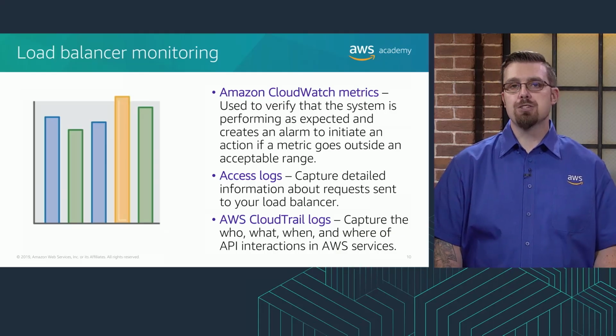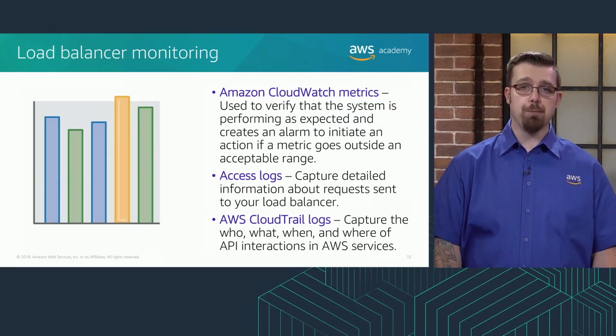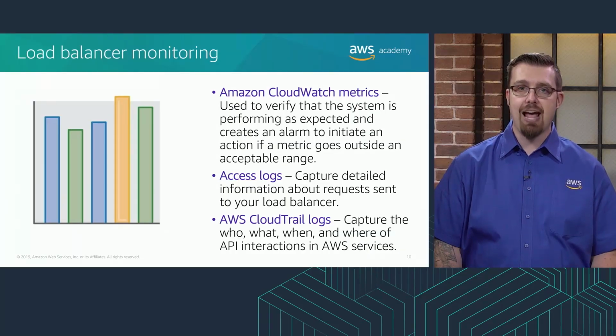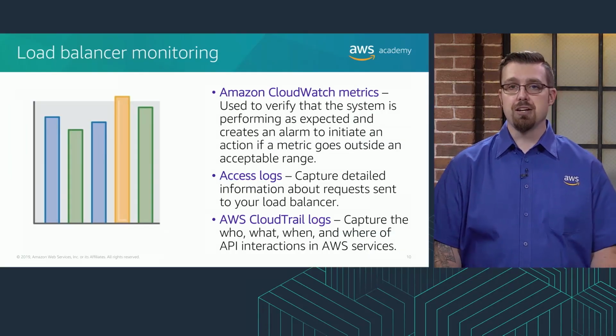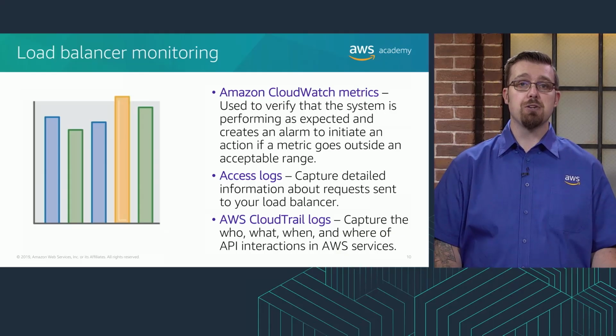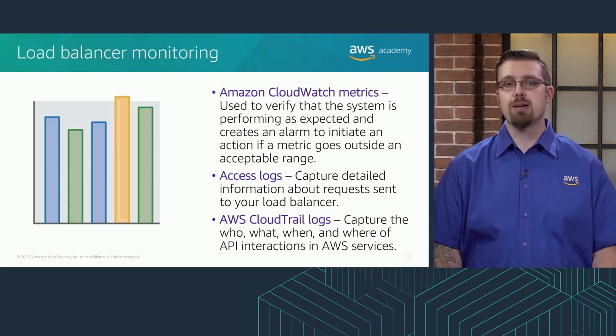You can use metrics to verify that your system is performing as expected. For example, you can create a CloudWatch alarm to monitor a specified metric and initiate an action, such as sending a notification to an email address, if the metric goes outside of what you consider acceptable.